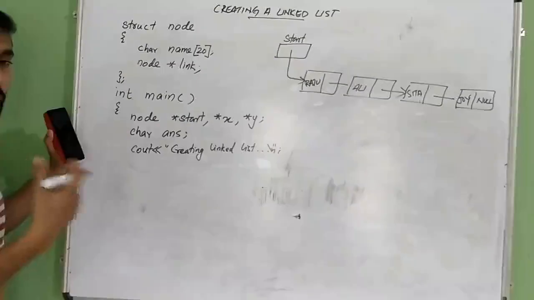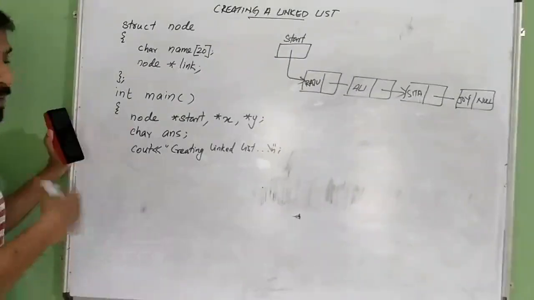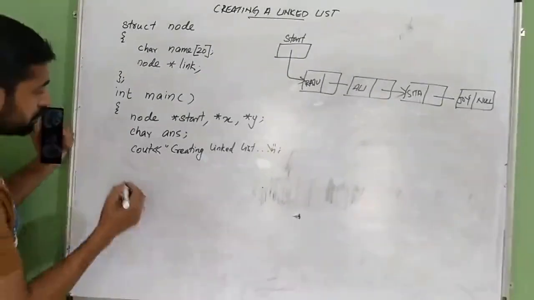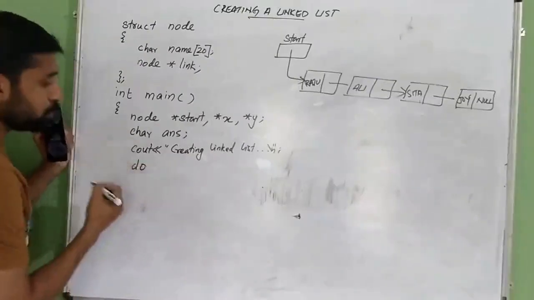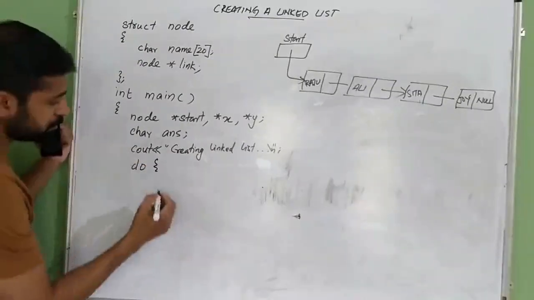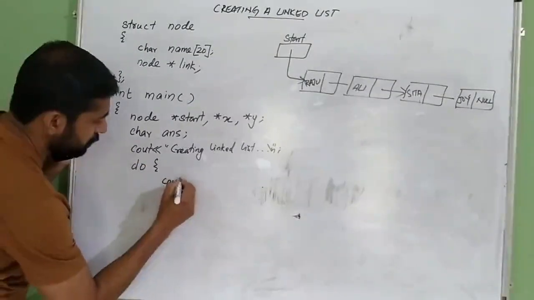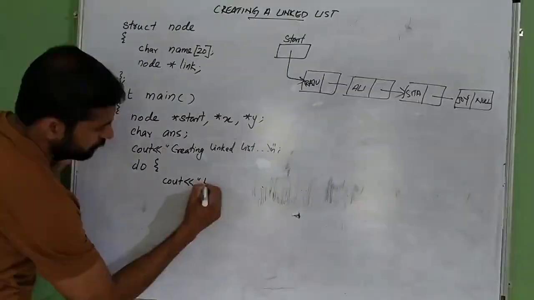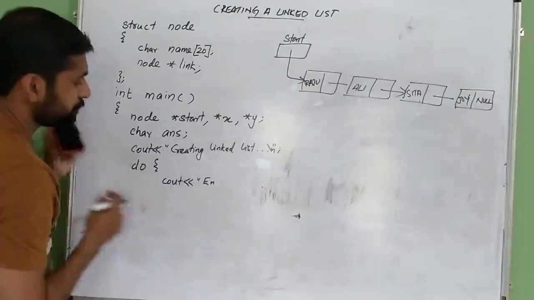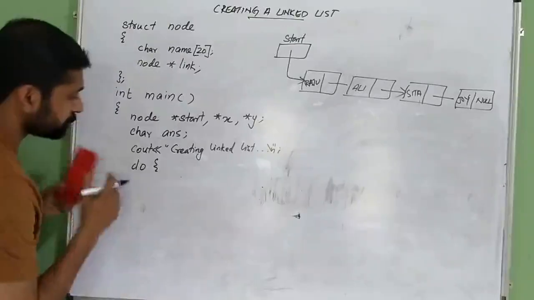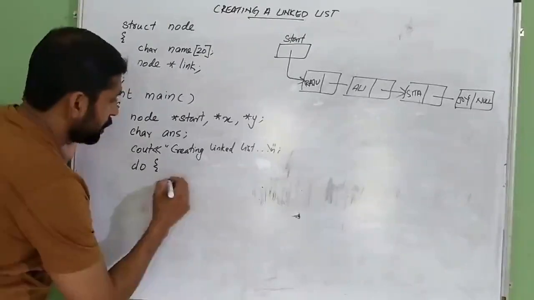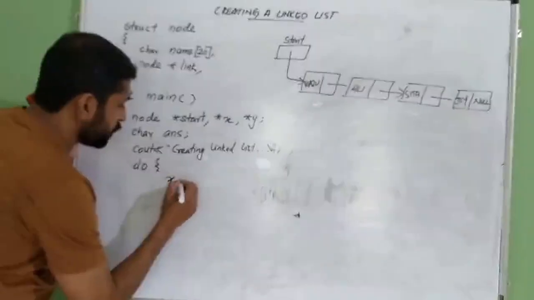Now we want to make a loop. Do, cout, enter, say x equal to.